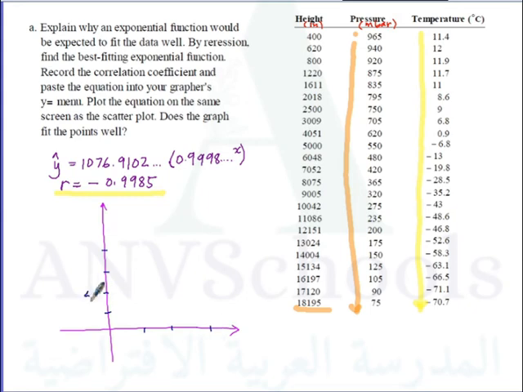This is 400, this is 800, and this is 10,000. If I run a scatter plot, it will give me something like this. So the best fitting regression function is the exponential function.